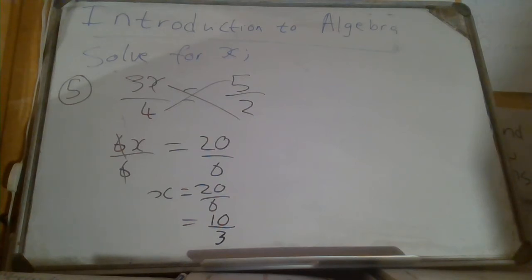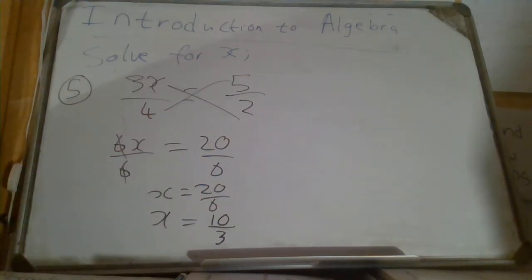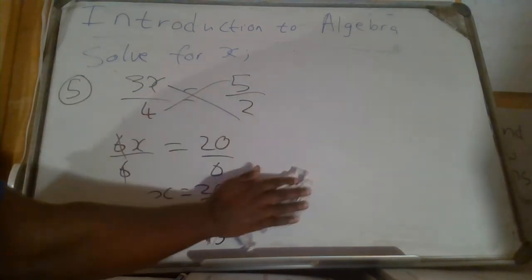So my final answer is 10 over 3. So ladies and gentlemen, personalities, this is my final value of x. So if you have a fraction that is not in the simplest possible form, guys, you must reduce that fraction and make it to be in the simplest possible form, in such a way that it cannot be simplified further. That is really helpful in the bigger scheme of things. All right. So this is what we're doing here. You're solving for x. So number 5.